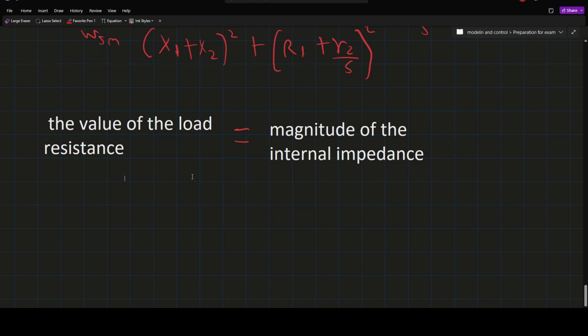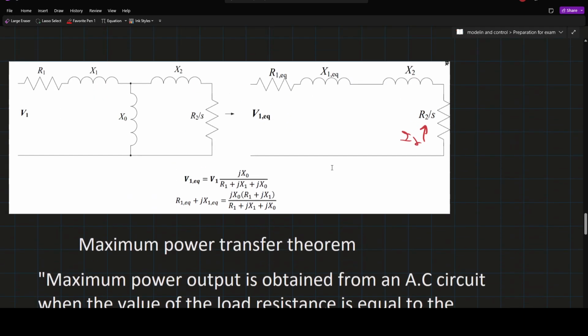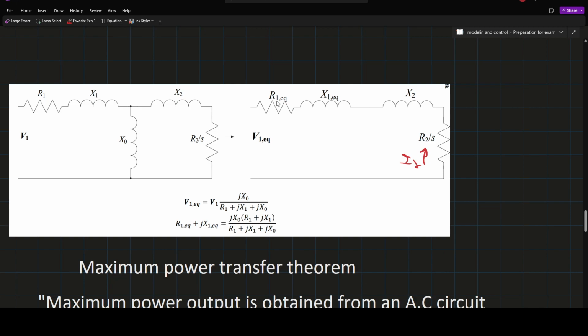So we know that the load resistance is R2 over S. And here we're going to have the magnitude of the internal impedance, that is the sum of these three.